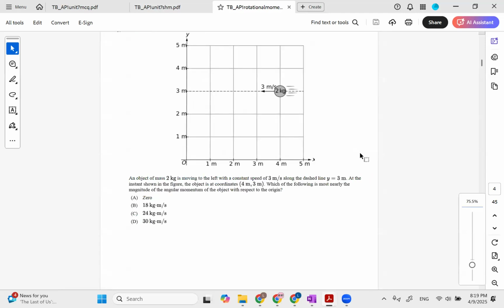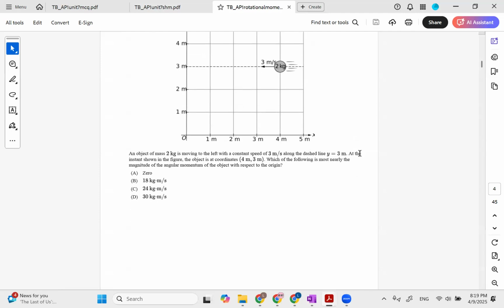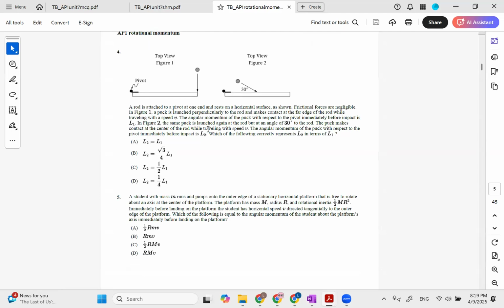Number 4 and 5, okay? So 4 here, what kind of situation? Angular momentum, right? So this is a pivot. Okay, read the question quickly.